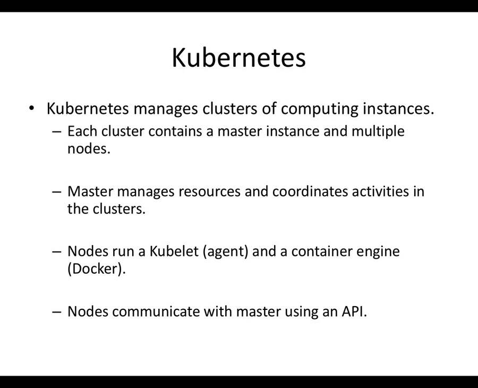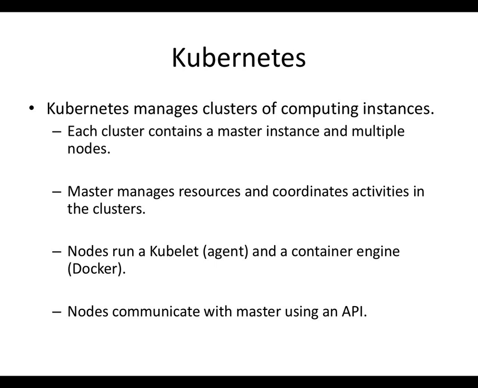Within a Kubernetes cluster, you'll find one or more master instances, and then you'll find one or more nodes within a cluster. So at least one master instance and one node instance. But as I've shown you before, in a production setting, you're going to have obviously multiple masters and multiple nodes in any given cluster.